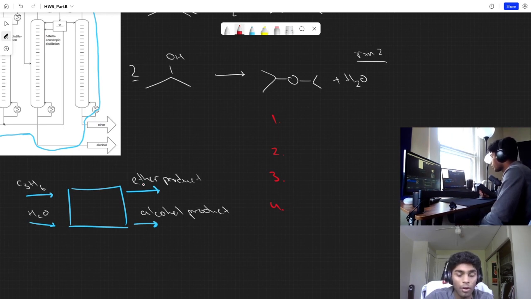And so our most volatile component is going to be the alkene, our propene or propylene, however you would want to call it. The next most volatile is going to be our ether product. And then comes our alcohol. And then our water comes dead last in that list.